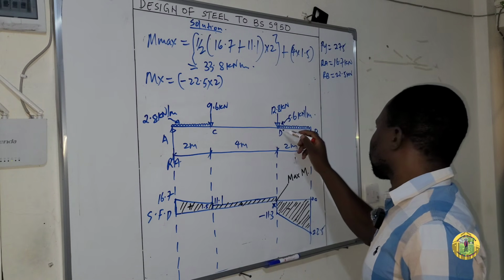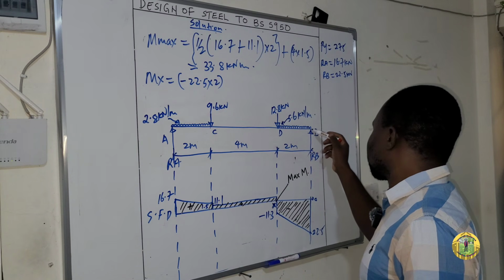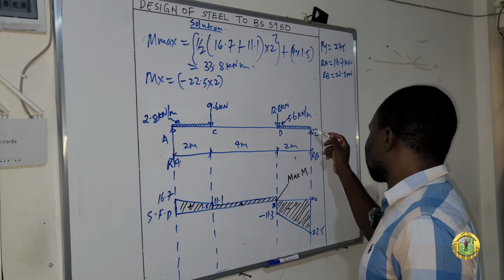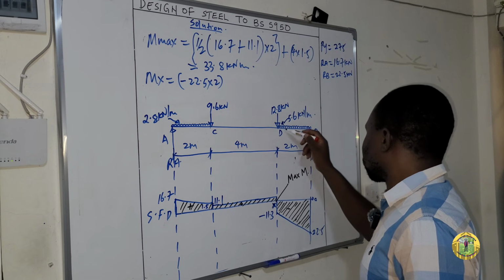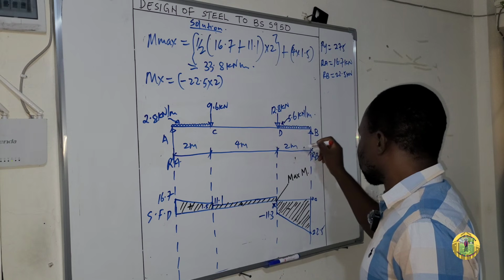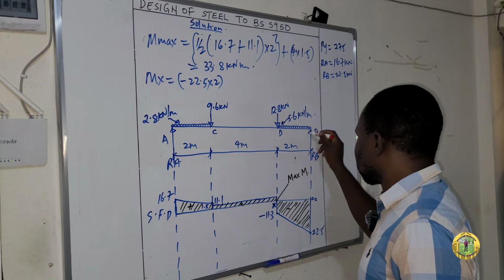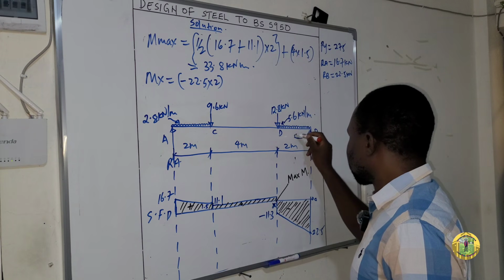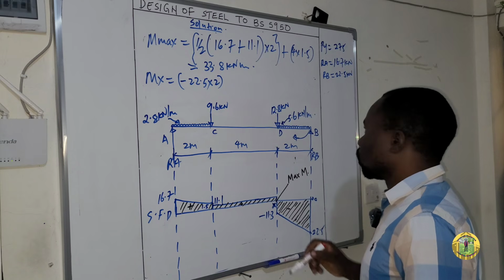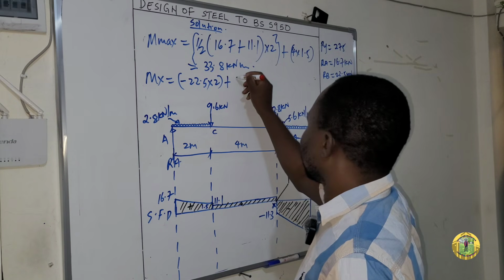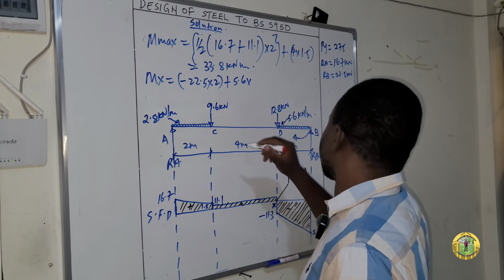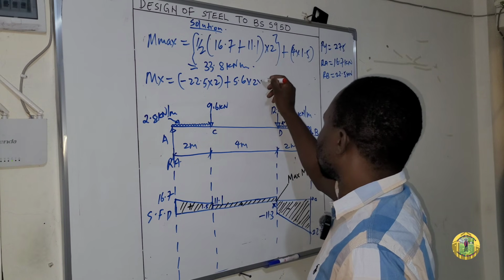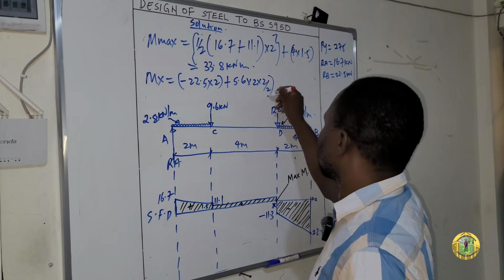Then we come to this UDL. It starts from here and ends here. So it is in a clockwise direction. So plus 5.6 times 2 times 2 over 2.